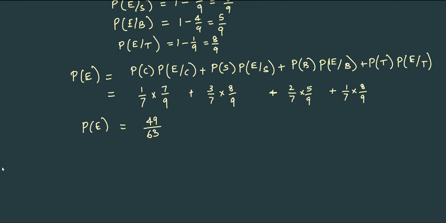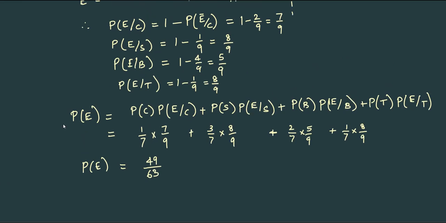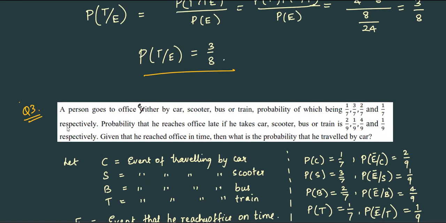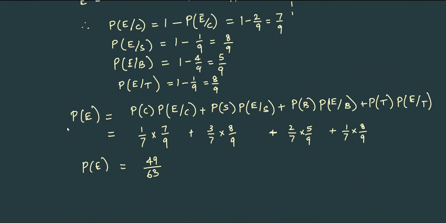Now, given that this has occurred, what is the probability that he traveled by car? That means we want this. There are these possibilities: car, scooter, bus, and train. But we want this probability.